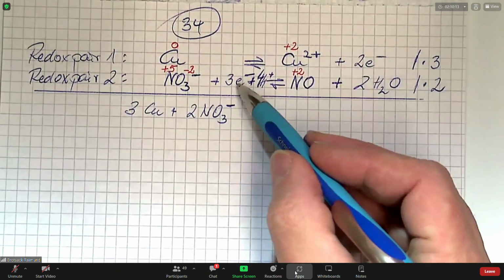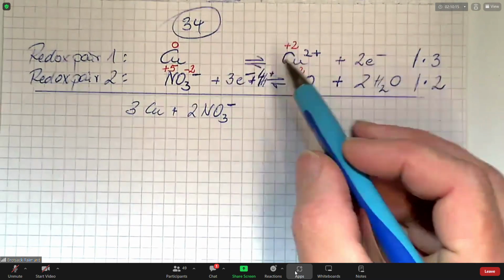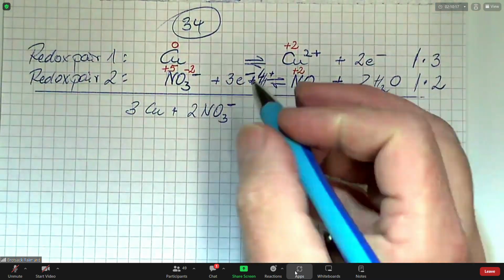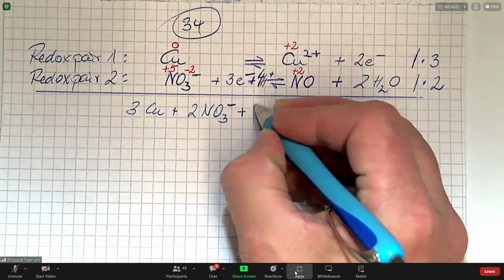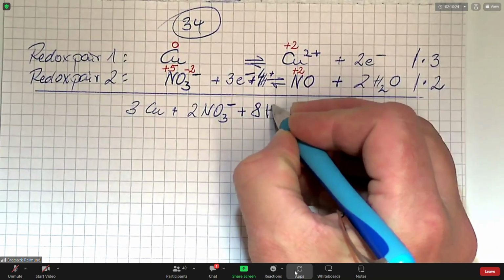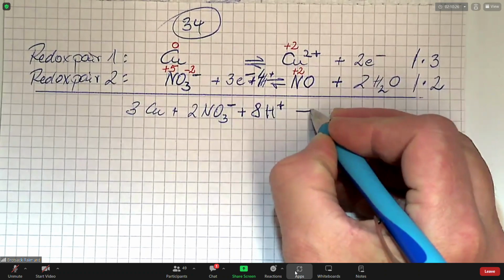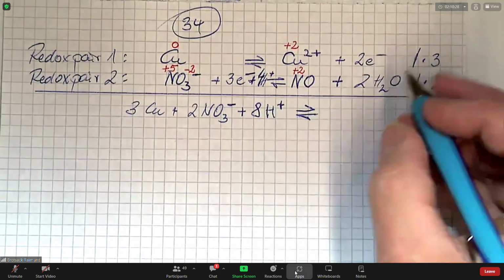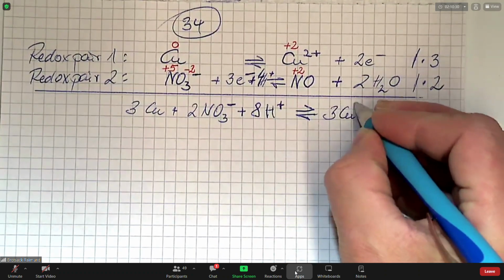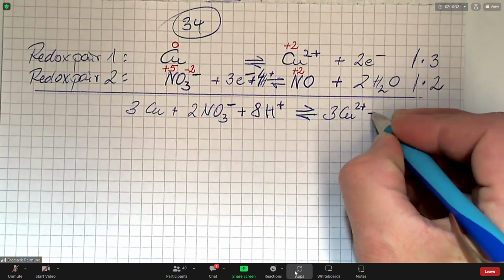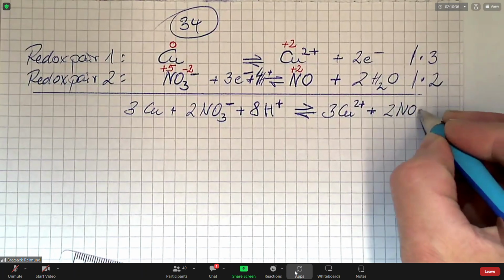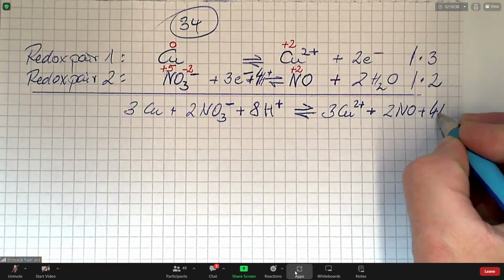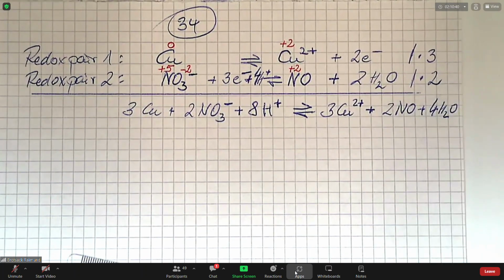Then we have 6 electrons here and 6 here, so we can cancel, but plus 2 times 4H plus is 8H plus. And we create 3 copper 2 plus ions plus 2NO plus 4 water. That is the overall redox reaction.